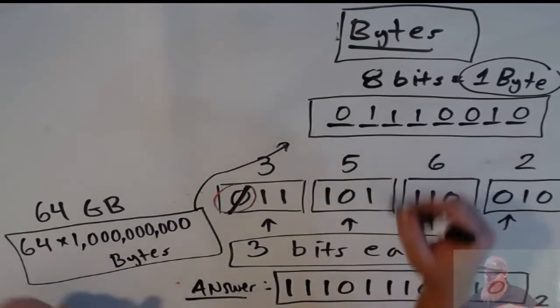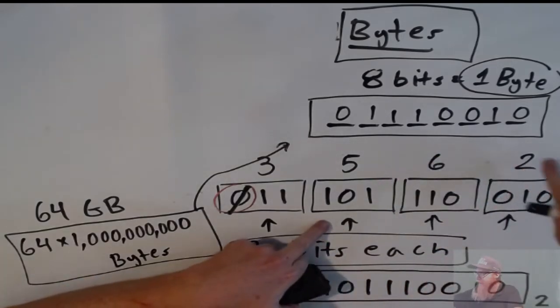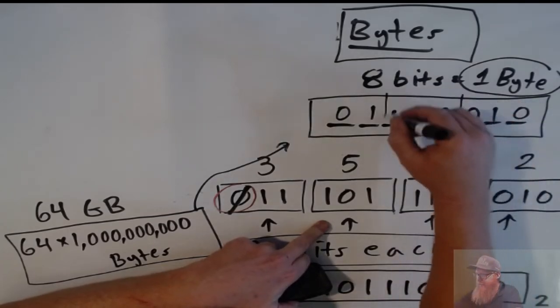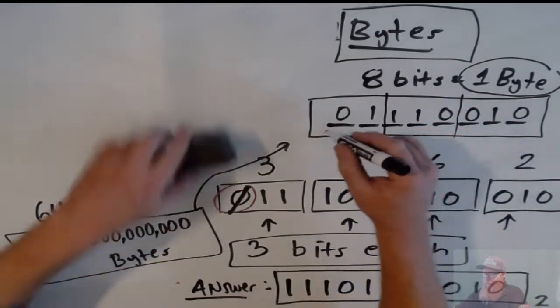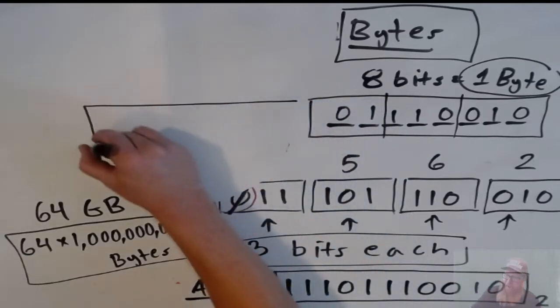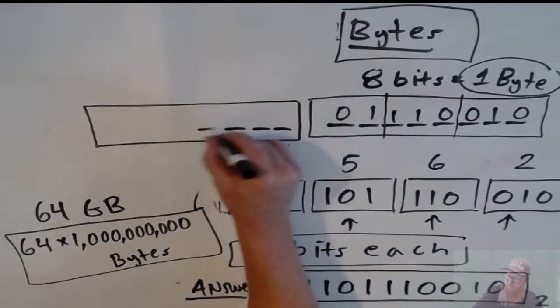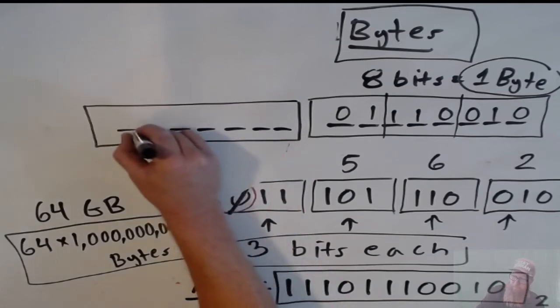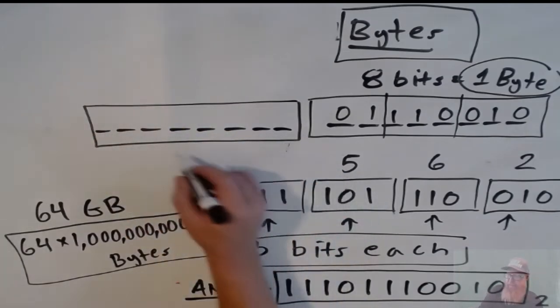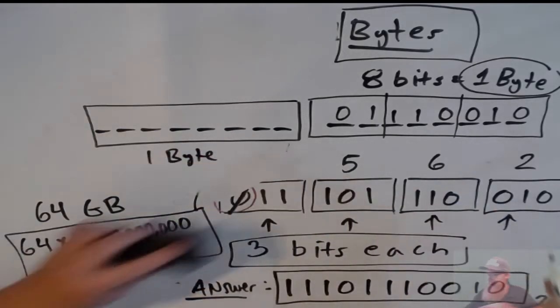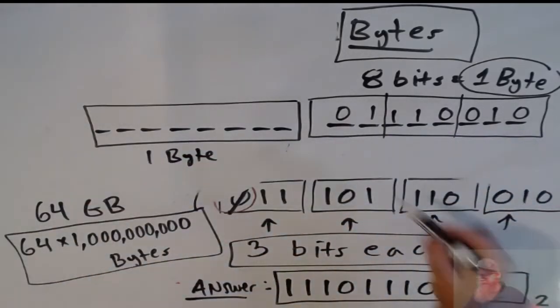So where were we? Let's just group them in threes here. So we would need another byte. So 8 more bits. That's 1 more byte. And then we could finish it.